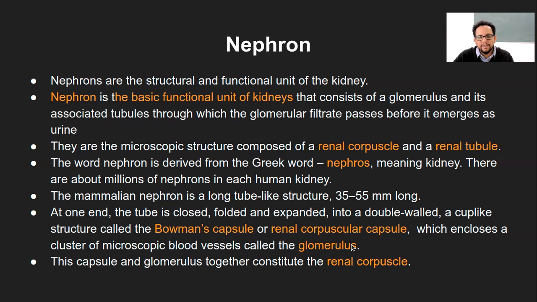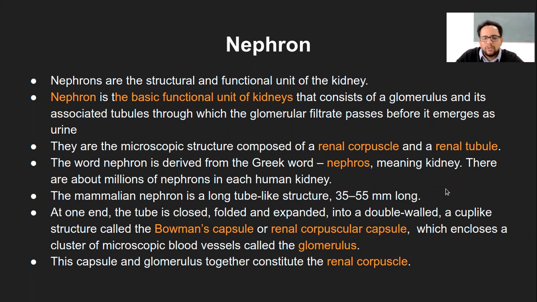That is what we had seen. It is coming from the afferent arteriole, forming a glomerulus network of capillaries and becoming the efferent arteriole. And this we have already seen. This capsule, the renal capsule or the Bowman's capsule, along with the glomerulus, is forming the renal corpuscle, which is one of the parts of the nephron structure.